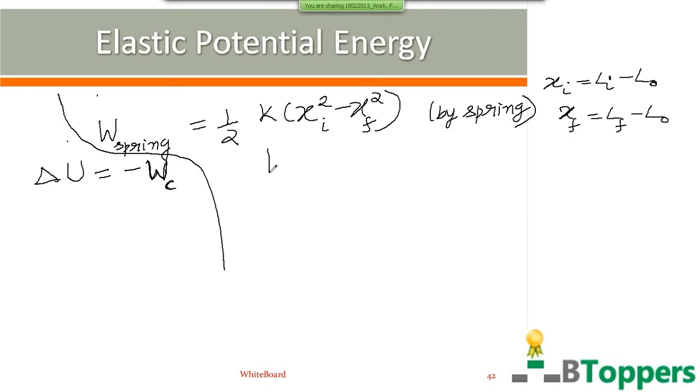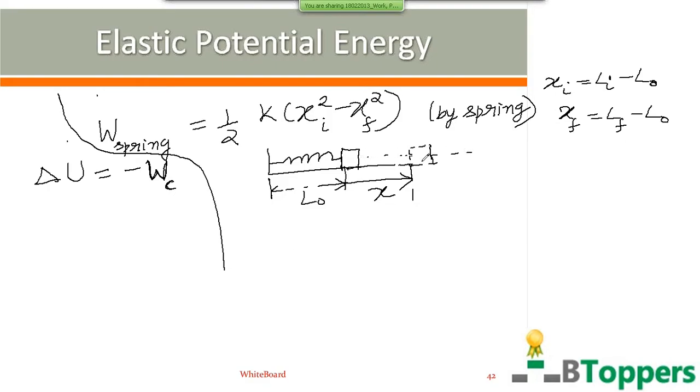Let us suppose the spring is originally at its natural length. Let us suppose the mass m is pulled by some distance x from its natural length, then released.